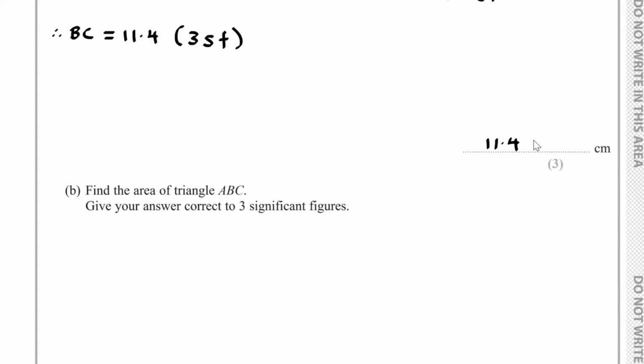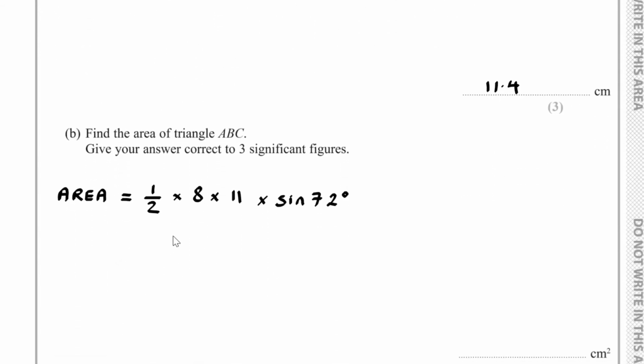And now we have to find the area of the triangle. Well, the area is given by 1/2 times 8 times 11 times the sine of 72 degrees.